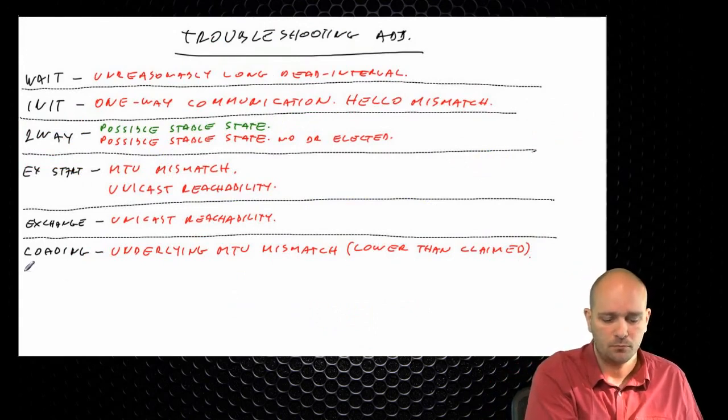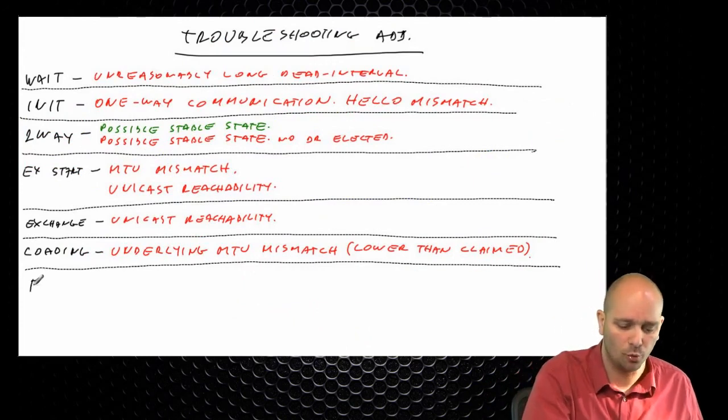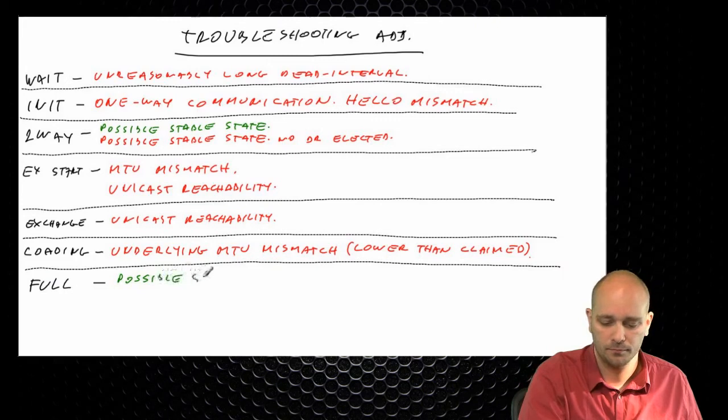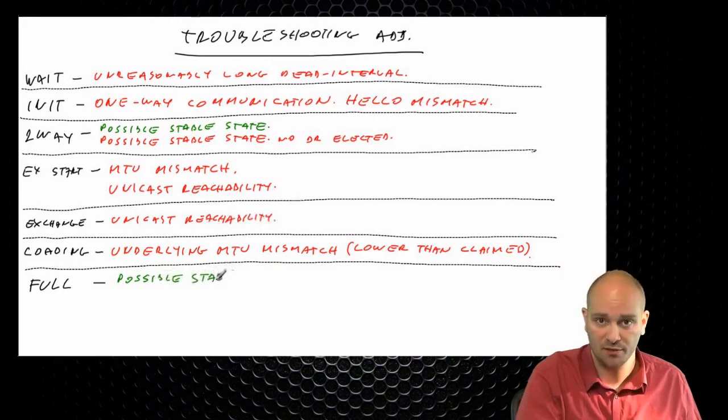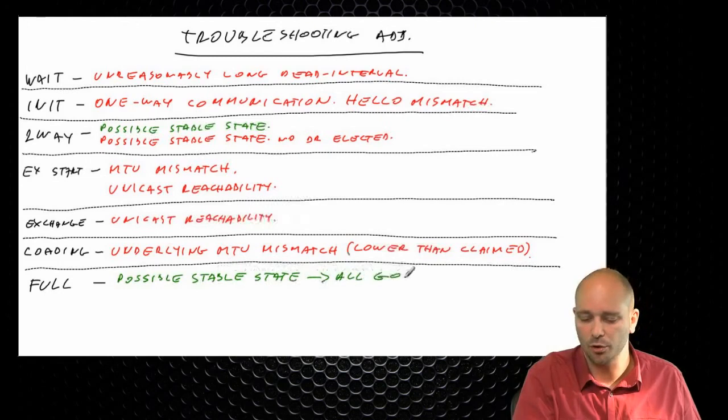So the next one is, of course, full. As we know, this is a possible stable state. I say possible because there are still things that can go wrong. If this is the case, we are all good.